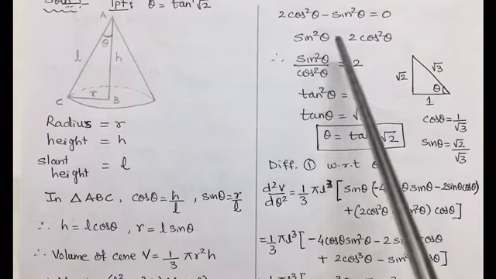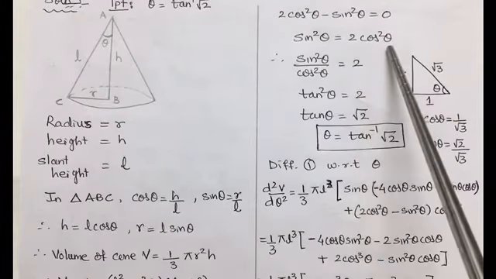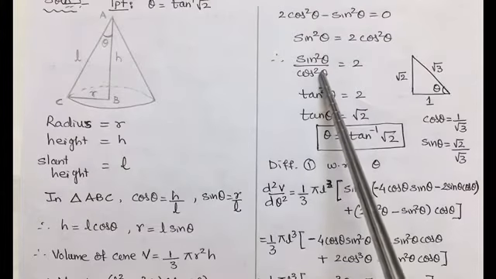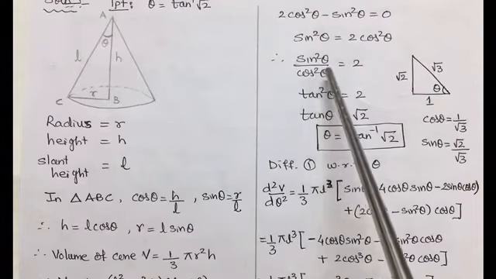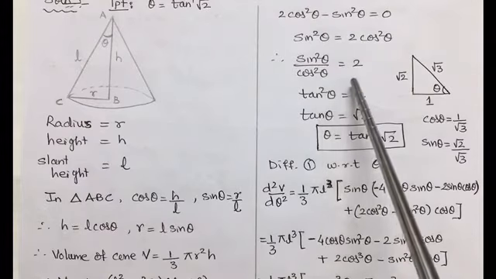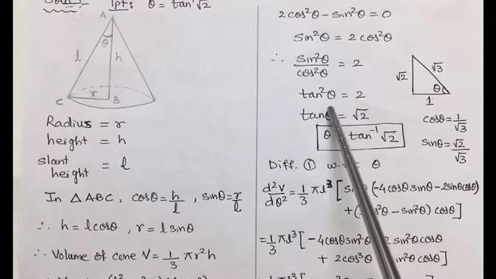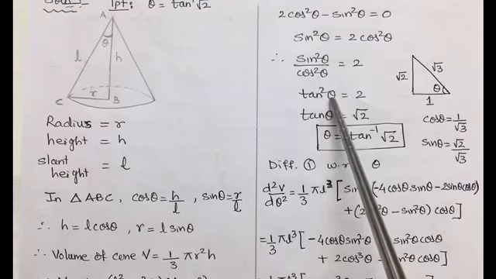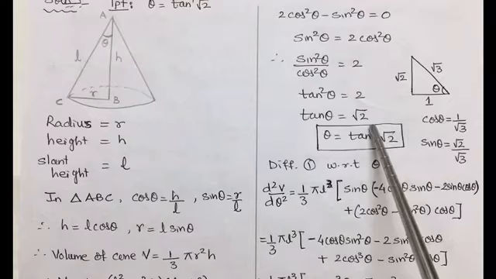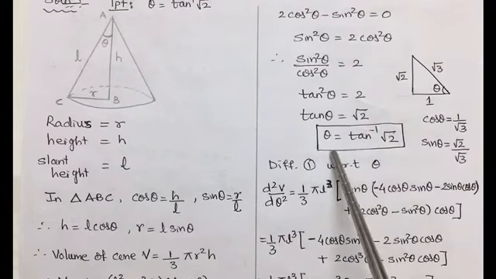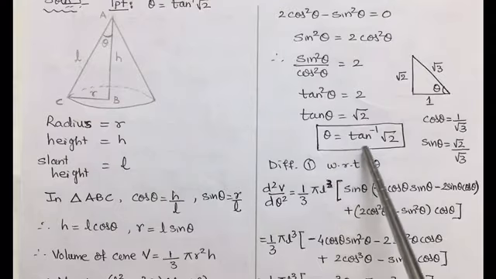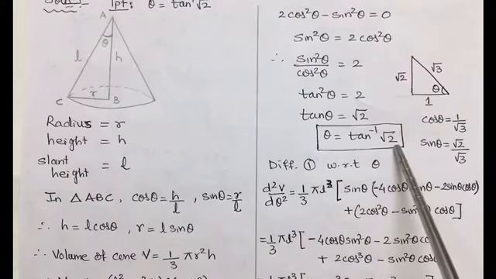So it becomes sin square theta equal to 2 cos square theta. Shifting cos square theta to the other side in the denominator, we get sin square theta upon cos square theta equal to 2. So that makes tan square theta equal to 2. So therefore tan theta is equal to root 2. And if we shift tan to the other side, it becomes theta equal to tan inverse root 2.